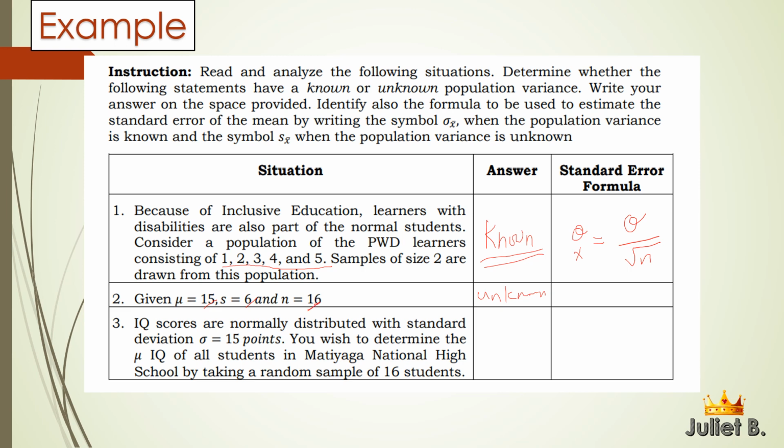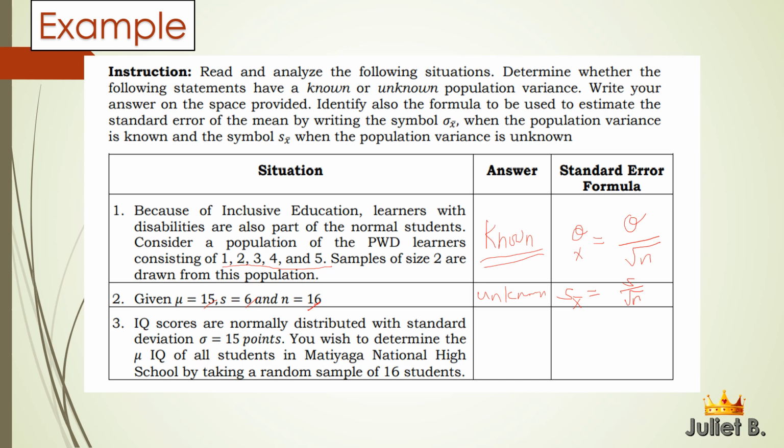For us to find the standard error, we will use the formula of the standard error equal to S over the square root of n. S stands for the standard deviation of the sample mean.